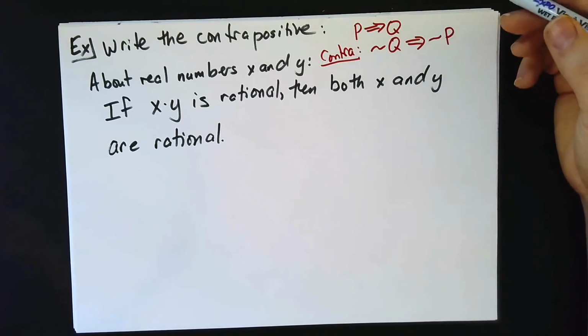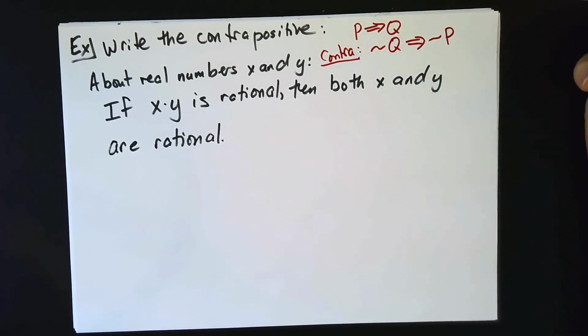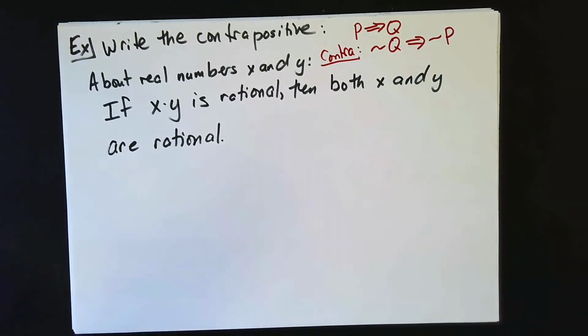And so when I said before that of a statement and its negation, exactly one is true and exactly one is false, similarly, of an implication and its contrapositive, either both are true or both are false. Always.